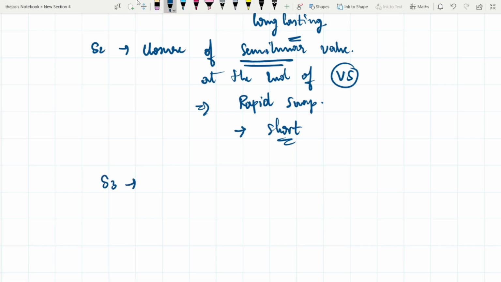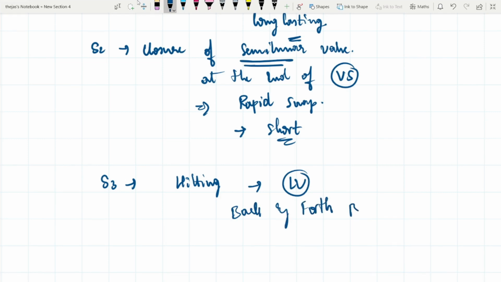Now the S3 sound, the third heart sound, occurs due to the hitting of blood flow on the walls of the left ventricle. So this is nothing but the vibrations that occur in the left ventricle due to the back and forth movement of blood flow.